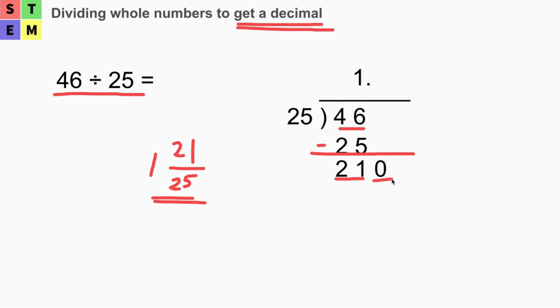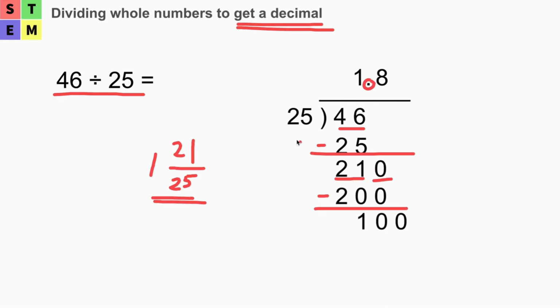That's why I've added 0 here. So now we have a decimal, and we are going to find out how many 25s are there in 210. Which is 8. We will have 8 here, and 25 times 8 equals 200. Now we do the subtraction again, and we have 10, and adding 0 we get 100.